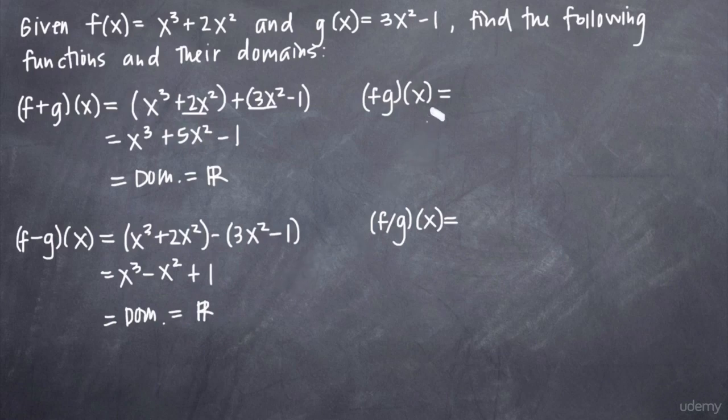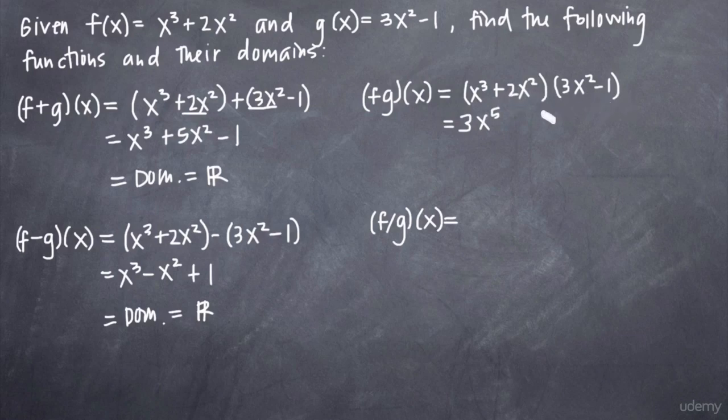If we look here at the product of these two functions, f times g of x, similar concept, we'll just be multiplying the two together, so x cubed plus 2x squared, and then multiply that by g of x, which is 3x squared minus 1. So now we'll be expanding these with our FOIL method, so we'll have x cubed times 3x squared, which will give us 3x to the fifth.